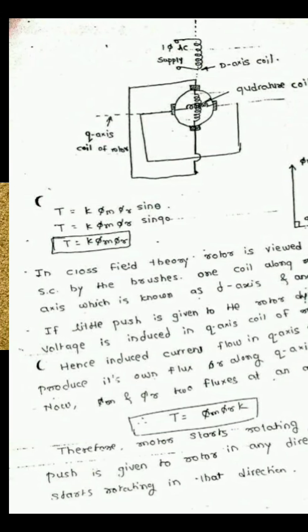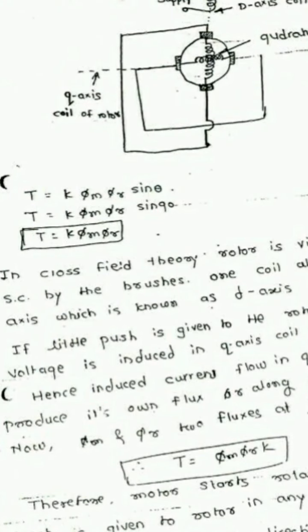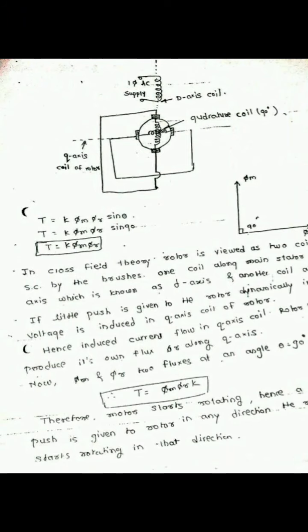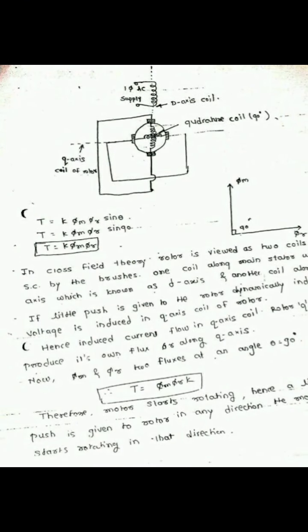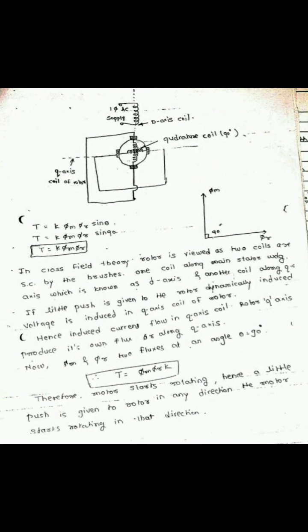So the torque equation is T equals K phi m phi r. Therefore, when a little push is given to the rotor in any direction, the motor starts rotating in that direction.